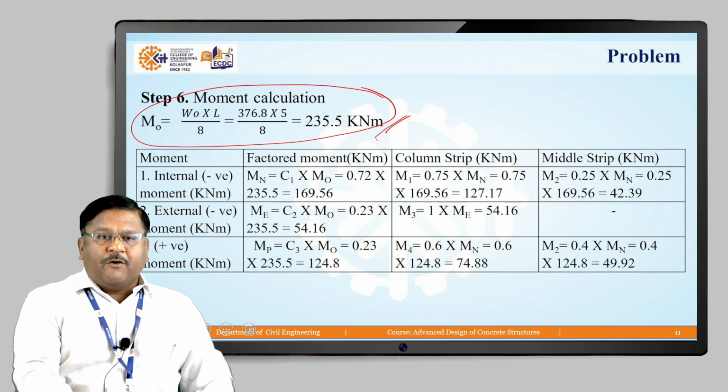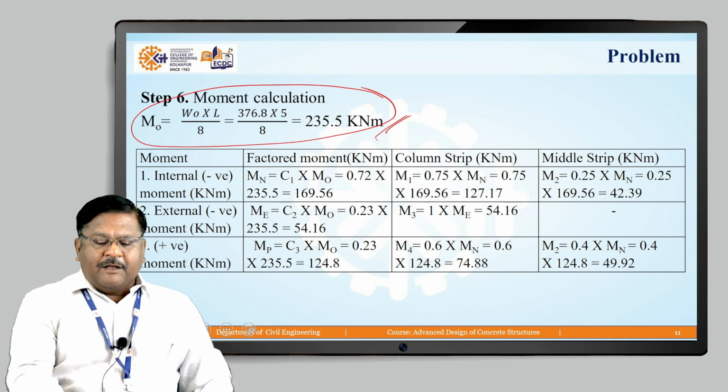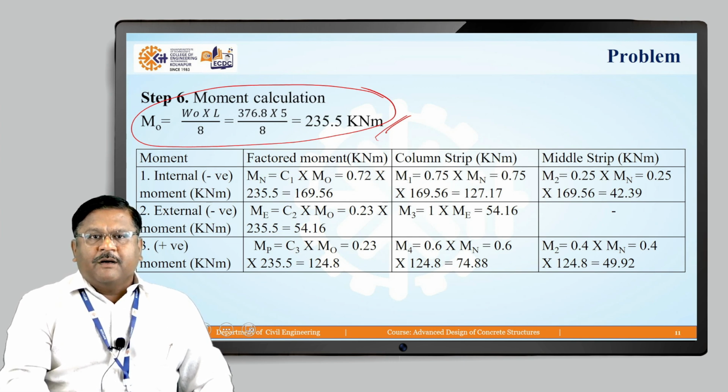So first of all calculate the factored moment. The equation of factored moment is what? Mn is equal to C1 into M naught. Mn means what? Internal moment. Internal negative moment is denoted by Mn, and it is equal to C1.